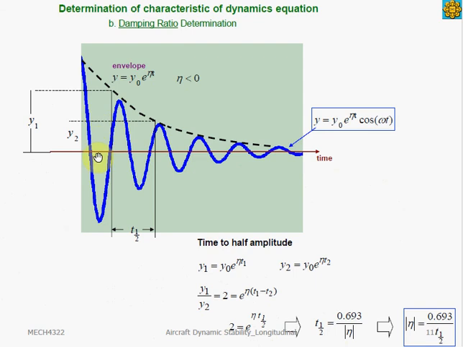The time to half amplitude is obtained by looking at the envelope of this exponential decay, and we take the time it takes from one known amplitude, for example y1, to an amplitude that is half of the initial amplitude. That time can be directly translated to the damping ratio and natural frequency of the system.